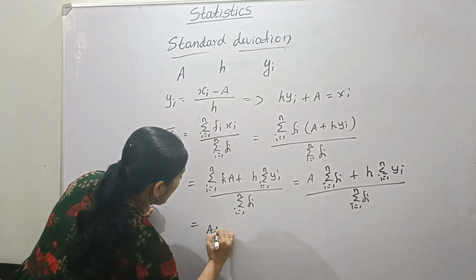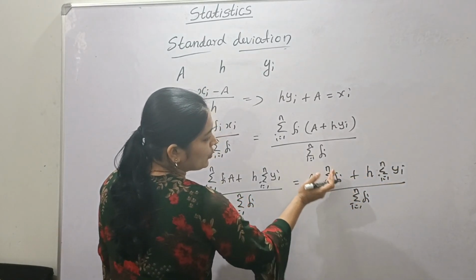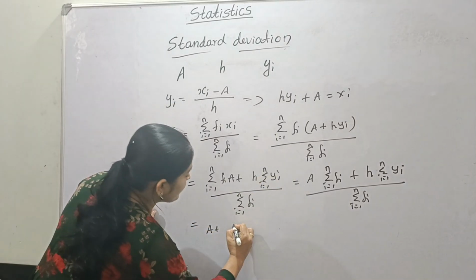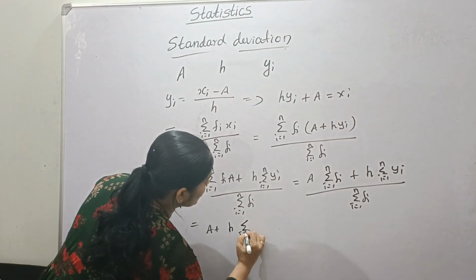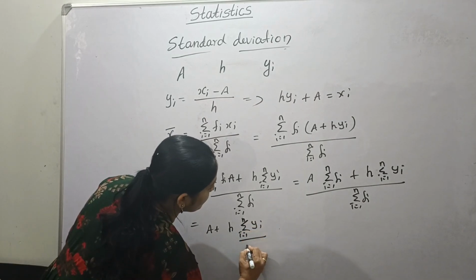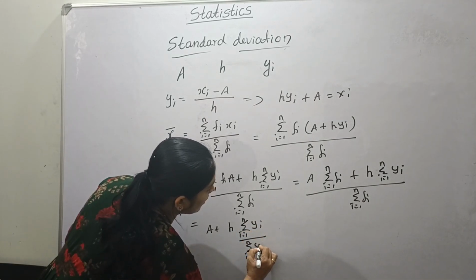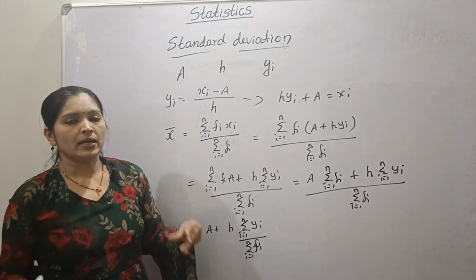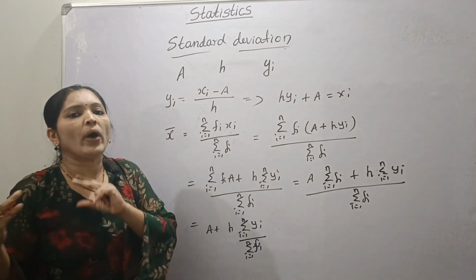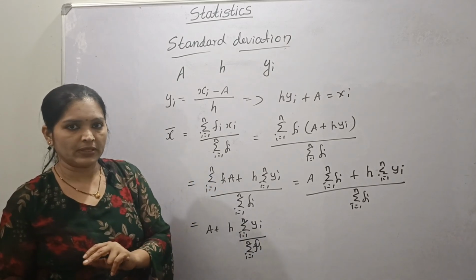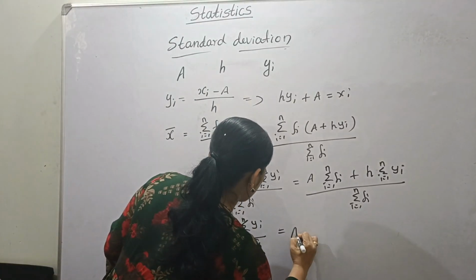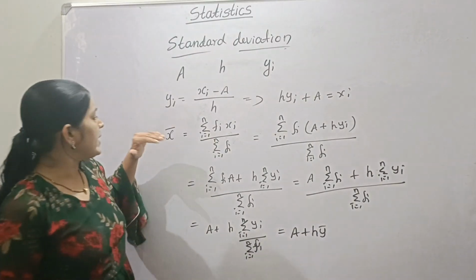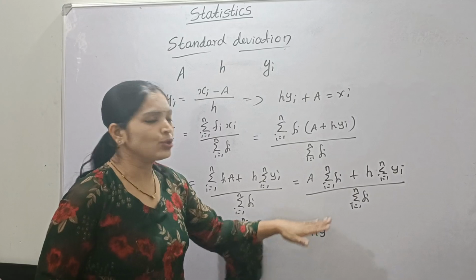After splitting this sum, a will remain, plus h into sigma i equal to 1 to n yi divided by sigma i equal to 1 to n fi. It is nothing but y bar, that is the mean of y. So that is a plus h into y bar. So here we have got x bar is equal to a plus h into y bar.